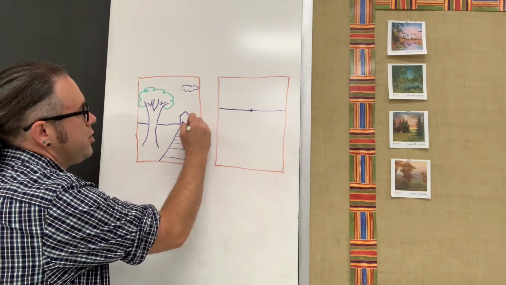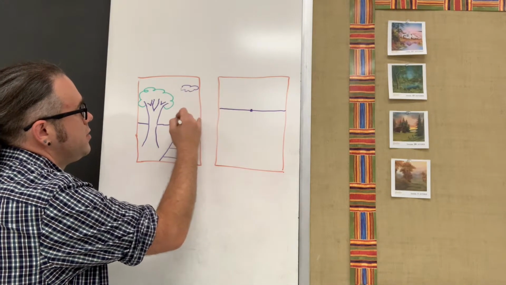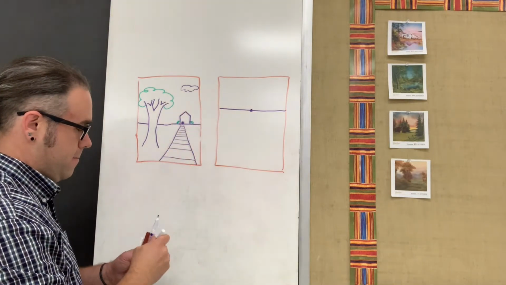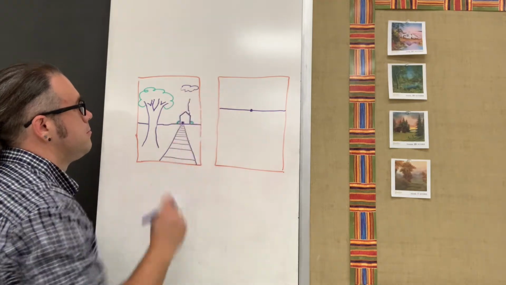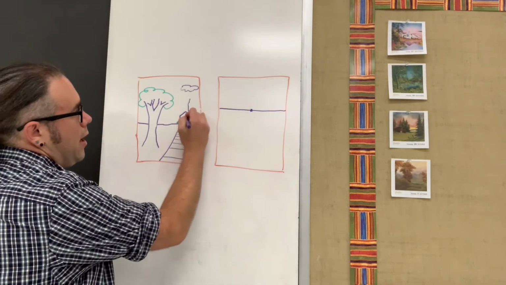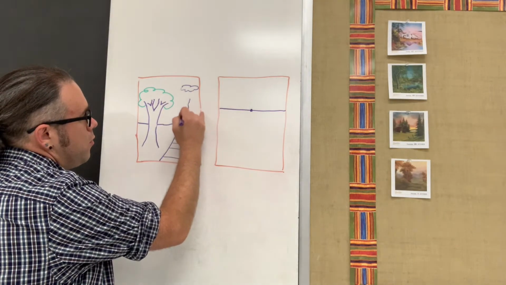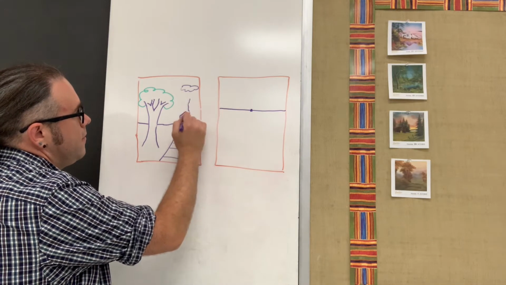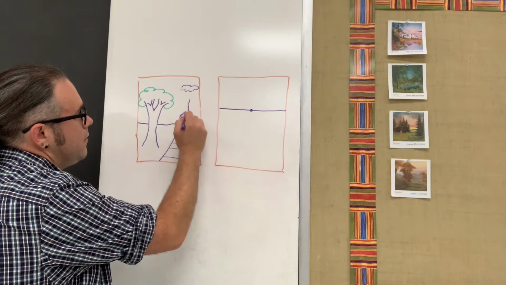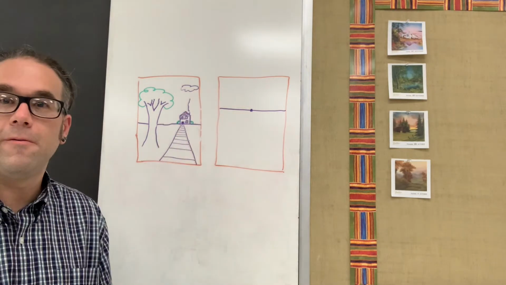Maybe a couple bushes by the tree, by the house, and a little chimney for smoke. Add a window, or 2, or 3. Texture for the roof there.